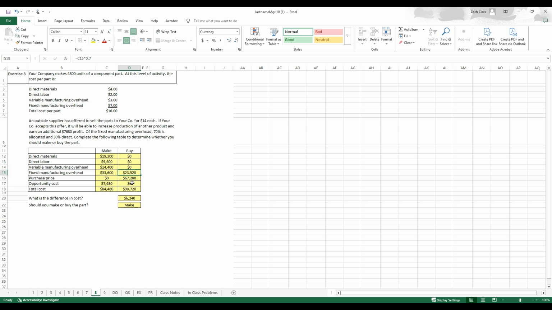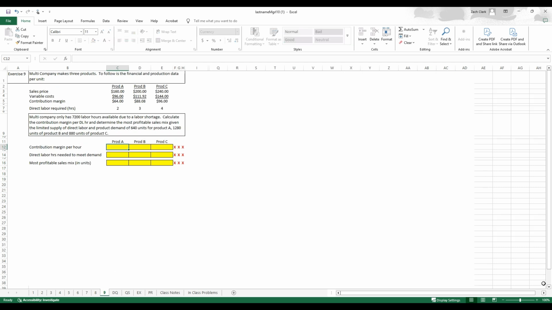So really, a lot of it comes down to how much of our fixed manufacturing overhead is allocated, which drives a lot of this, and then the opportunity cost as well. So even though you're able to save a couple bucks on the total cost per part, we can't spread around the overhead enough to make it make sense. So cool. Okay, let's look at the next problem.